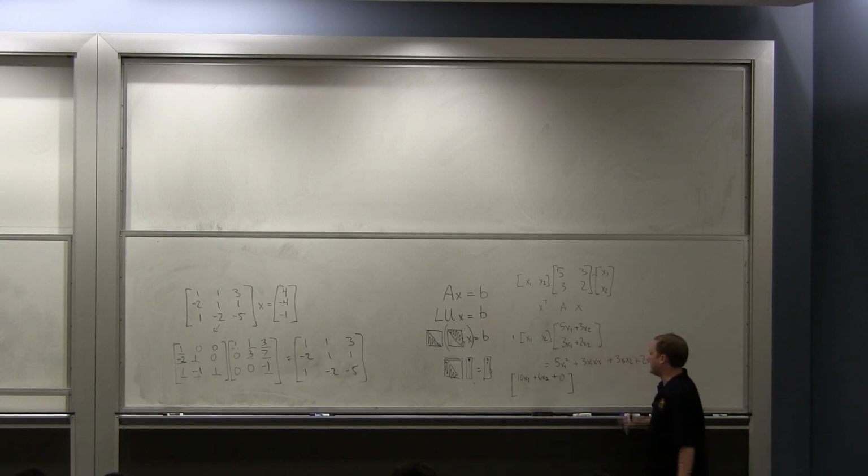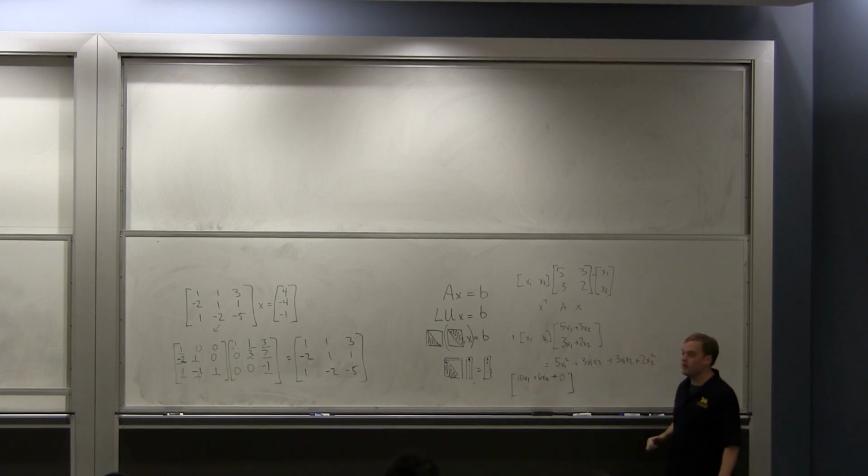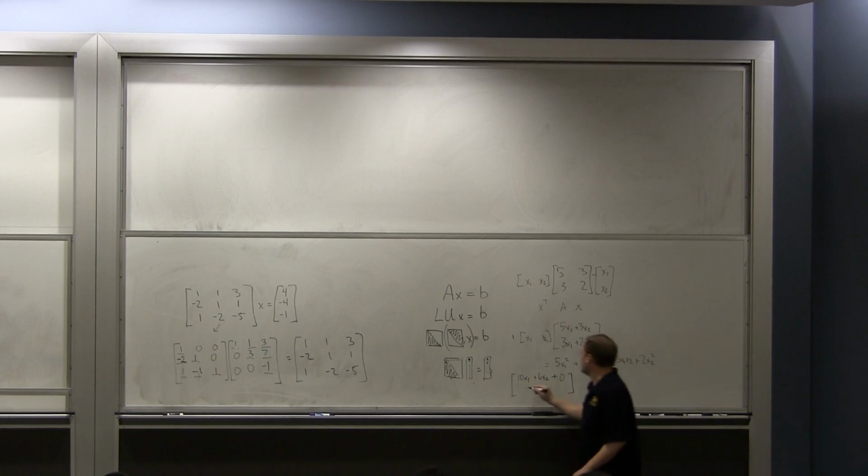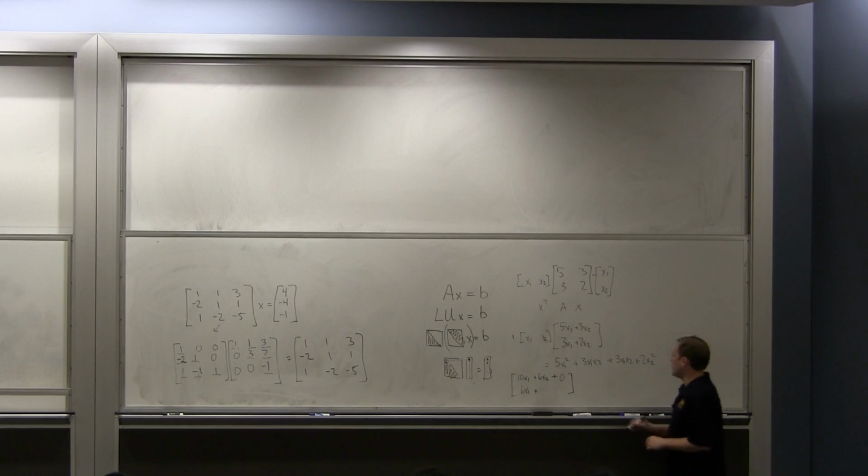Because this guy doesn't have anything. Do the same thing, repeating it with x2, taking the partial derivatives with respect to x2. So I'm going to have a 3x1 plus a 3x1, which is 6x1, plus 4x2.